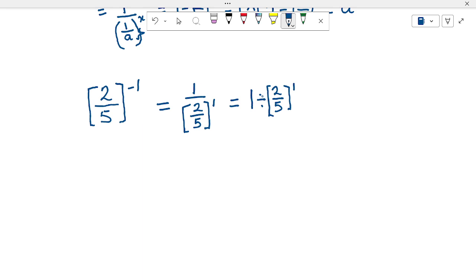And when you want to change this to multiplication, then you have 1 times, what happens? This somersaults, leaving you with 5 all over 2 raised to power 1.